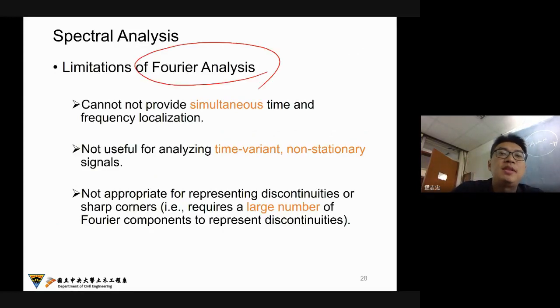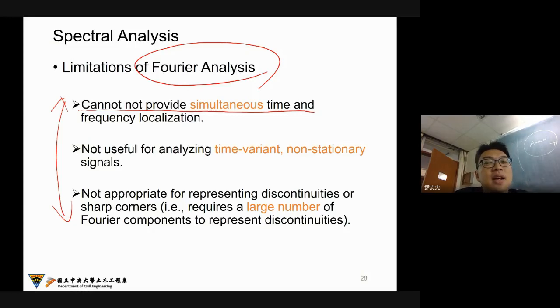For the previous Fourier transform or Fourier analysis, there are some limitations. Okay, so the first one is it cannot provide simultaneous time and frequency localization. Okay, what does that mean?